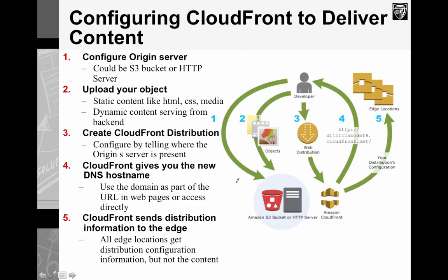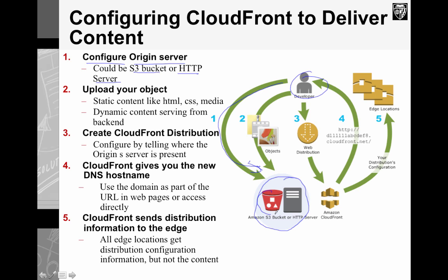Now let's look at how to configure CloudFront so that it can deliver the content. There are 5 steps. Step number 1, you need to configure your origin server. If you recall, your origin server can be an S3 bucket or an HTTP server. So the developer here is going through step 1 and is configuring the origin server.